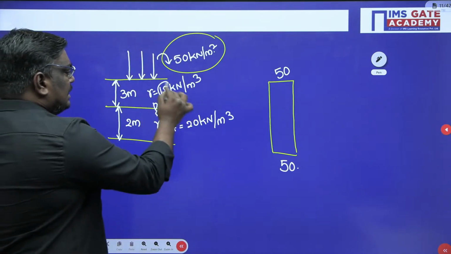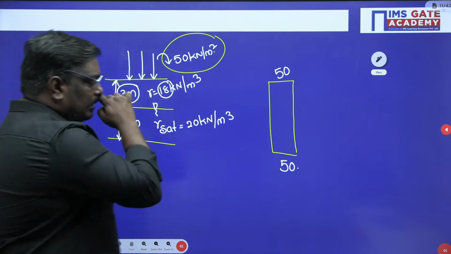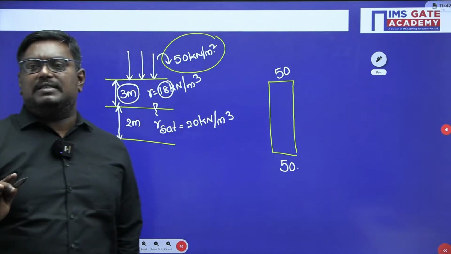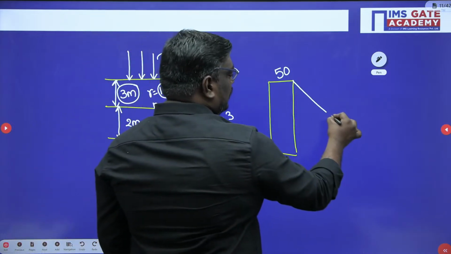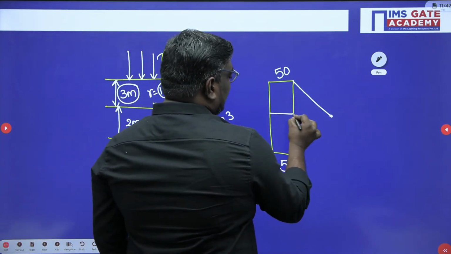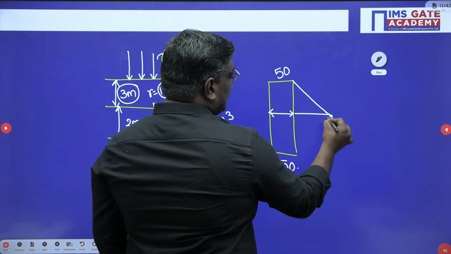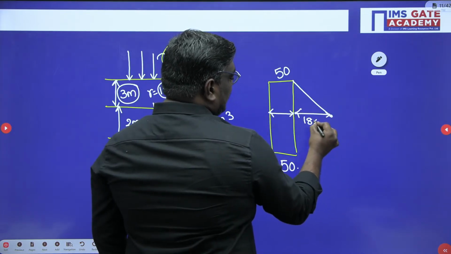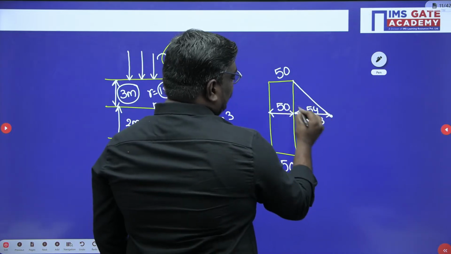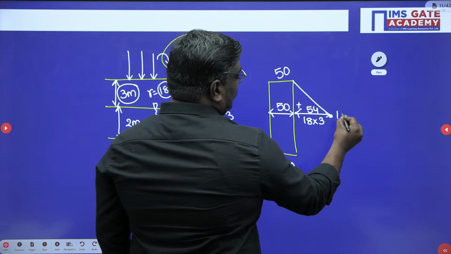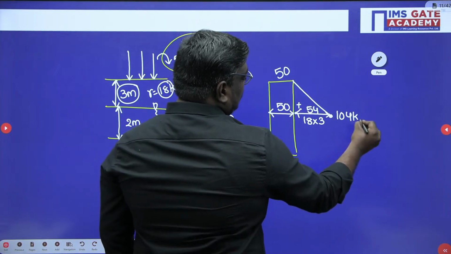This is 18, this is 3. Total stress and effective stress will be the same when there is no water table. So this is 50, plus 18 into 3, that is 54. So 50 plus 54, you will have 104 kilonewton per meter square.